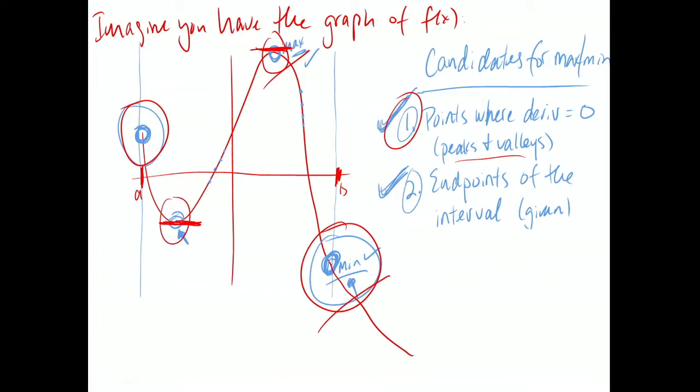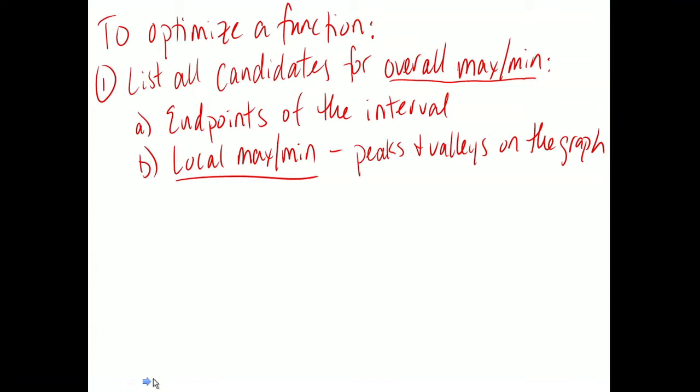Okay, so how am I going to figure out where those are specifically? Well, these are points where the derivative is 0. That's what makes it a peak or a valley, that it's flat. So how am I going to compute them when I'm trying to do my little candidate chart here? To find these, what should we do?